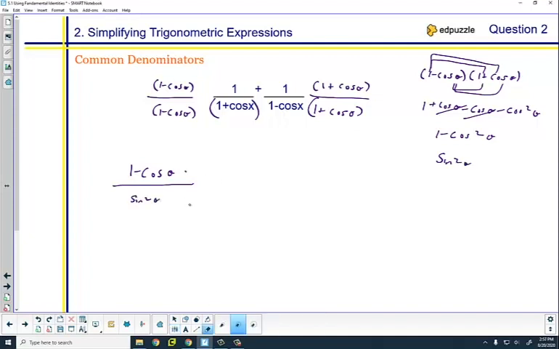All right. So now let's take a look at our next fraction here. Plus, change colors on me, I apologize. All right, again, 1 times 1 plus cosine is 1 plus cosine. Now look at the denominator. It's the same thing. It's sine squared. We already did it. So now we have common denominators. So let's make our common denominator sine squared, and we have 1 minus cosine plus 1 plus cosine.